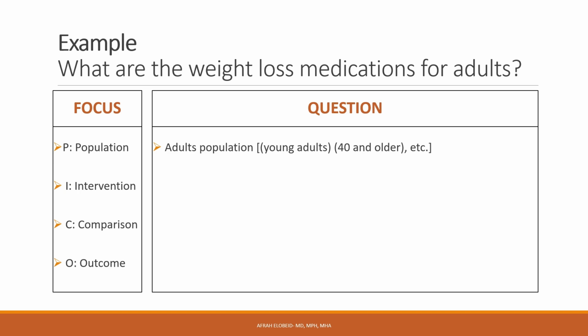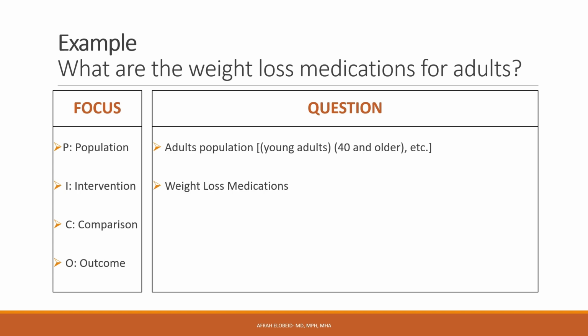We can determine we are interested in the adult population in general, or young adults, or 40 years of age and older, or seniors. There is room for you to determine what your search will get you in the results. So the population is the first element to be determined.